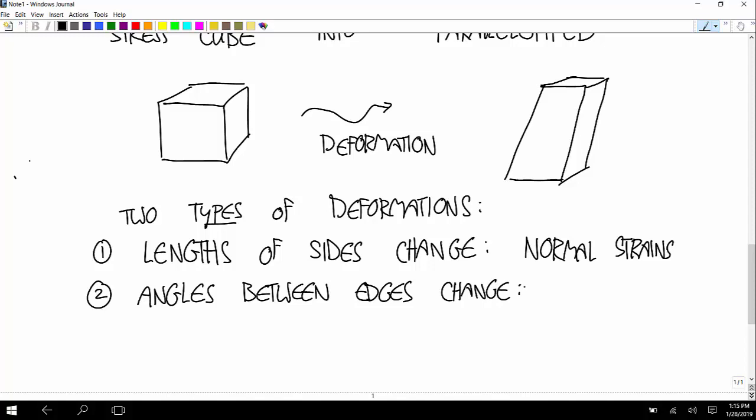And what would you guess those are going to be called? With stresses, what were the 2 types of stresses? Yeah, normal and shear. We have normal strains. We also have shear strains. And the shear strains are what cause the angles to change.